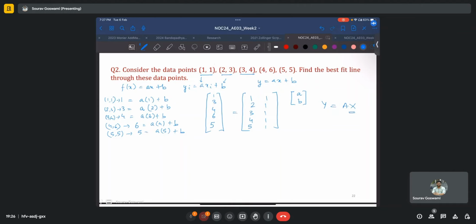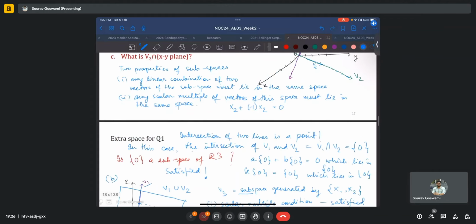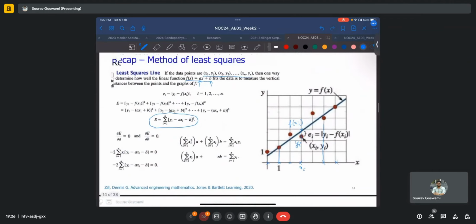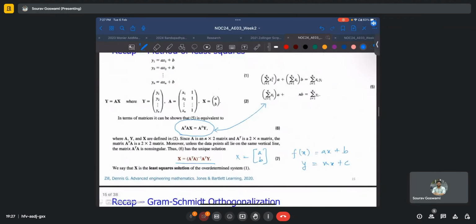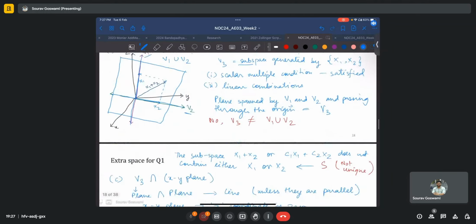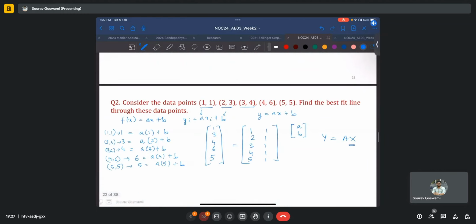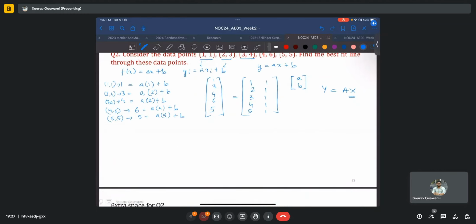So we know that the solution, as we saw, is given as x equals A transpose A whole inverse A transpose times y. So we must compute transposes and inverses. So this is A. A transpose is of course 1, 2, 3, 4, 5, 1, 1, 1, 1, 1.